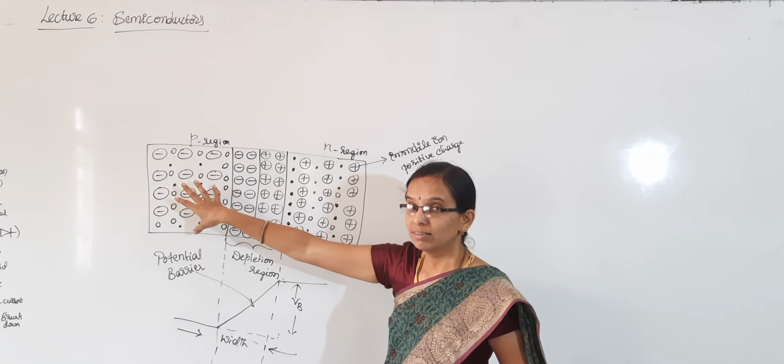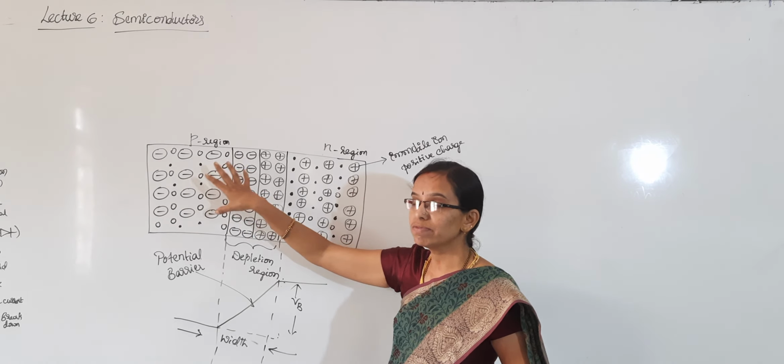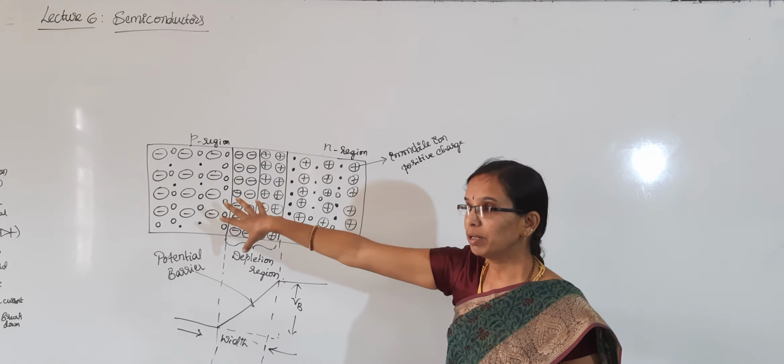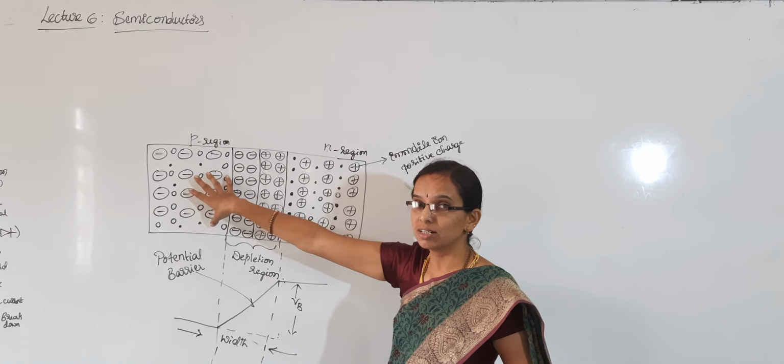Similarly, when a trivalent impurity accepts an electron, giving a hole, those become negatively charged immobile ions.